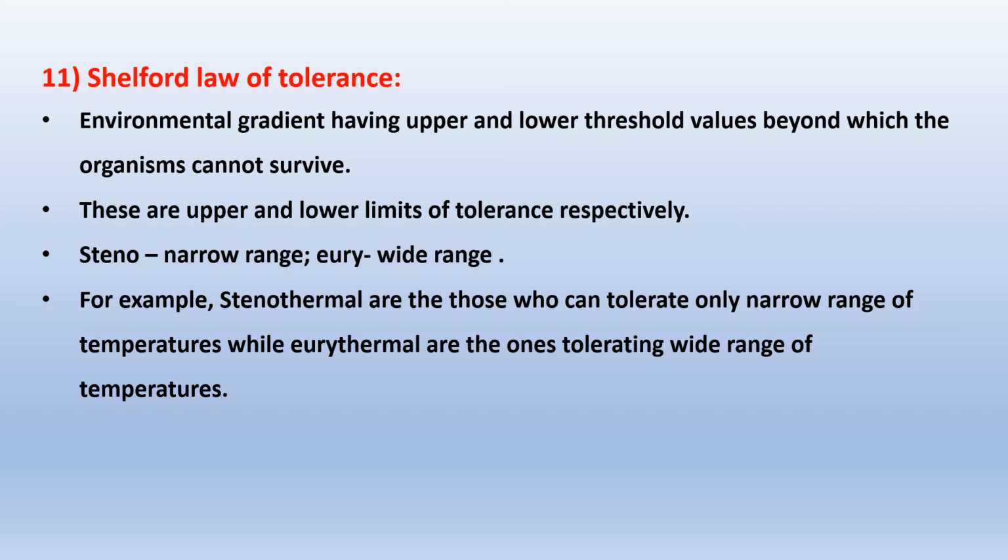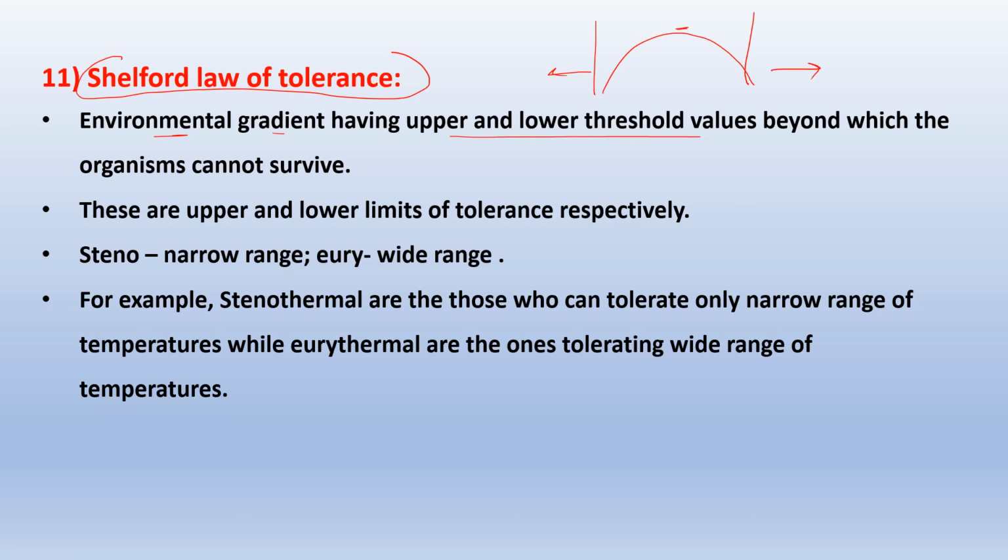This is one of the most important laws of ecology, Shelford's law of tolerance. The environmental gradient has upper and lower threshold values beyond which the organism dies. So there is one gradient, there is optimal growth within this gradient, but beyond this, there is no growth of any organism.